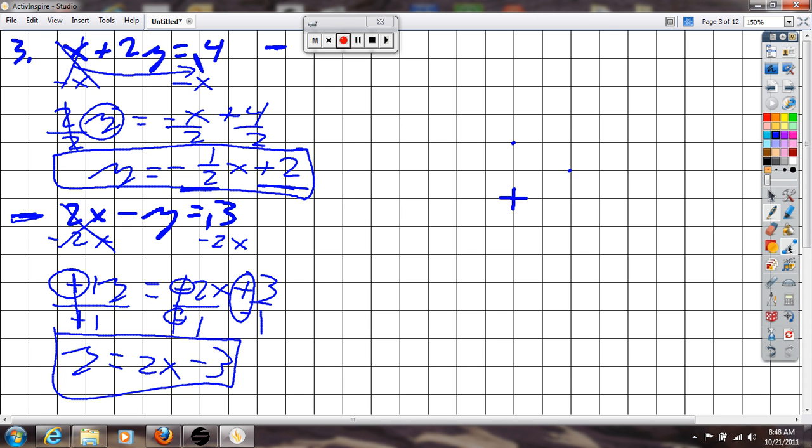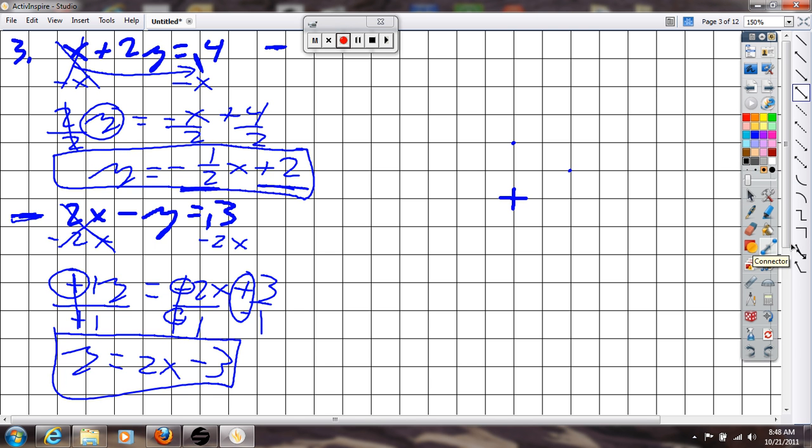And I need to draw my line. So I use my 2 points. Make it a little smaller. Goes through the blue. And up here I'll extend it. And there's my first line.